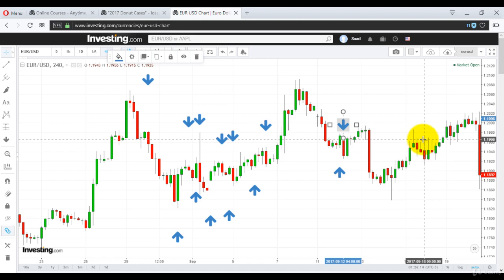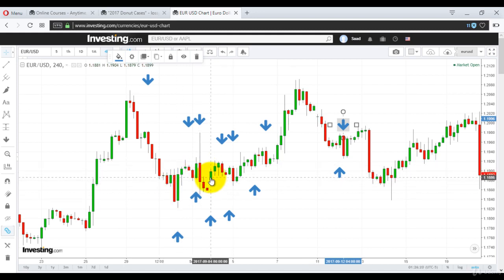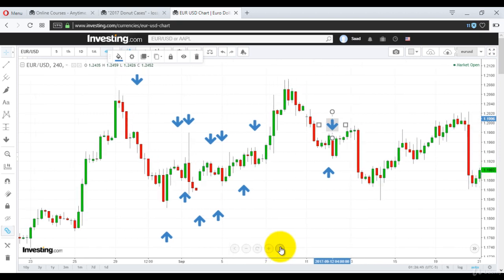Remember, whenever you see longer red candles, but the next few green candles are extremely small within the body of that red candle, that's bad. That's exceptionally bad. Now, this was 3 candles, but this red candle had many candles: 1, 2, 3, 4, 5, 6, 7, 8, 9, 10, 11, 12, 15, 18, 20, 22 candles. Not good.